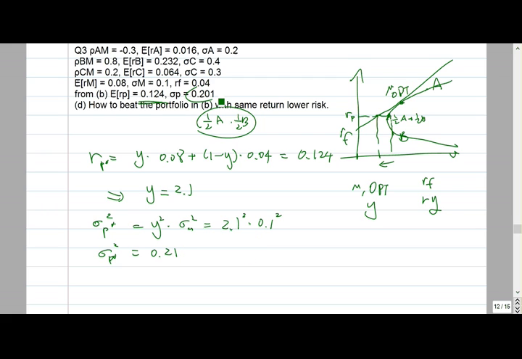And sigma P from part 2 has smaller risk, so this is larger. So it means if we want to use a combination between optimal and risk-free, we get something that's more risky.